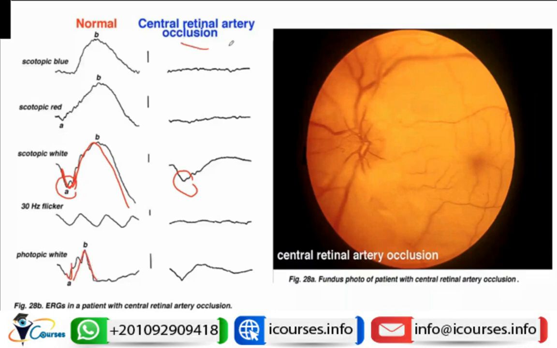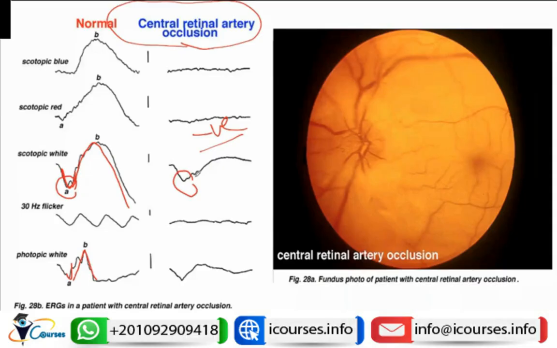But in case of central retinal artery occlusion and other vascular diseases, there will be what's called a negative response. A negative response means that the B wave is smaller than the A wave. So the A wave is larger than the B wave. The negative wave is larger than the positive wave.